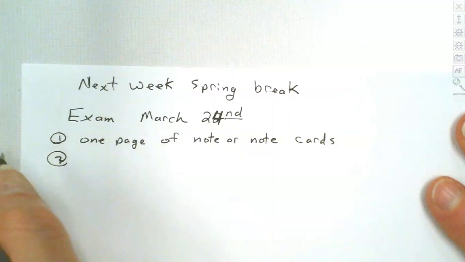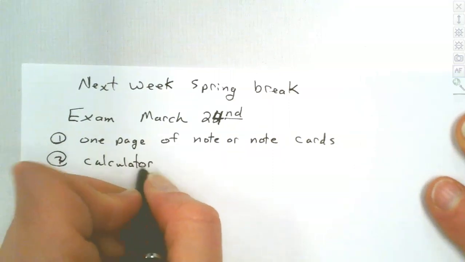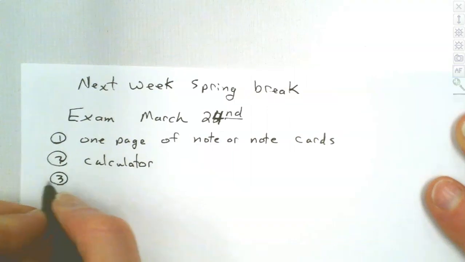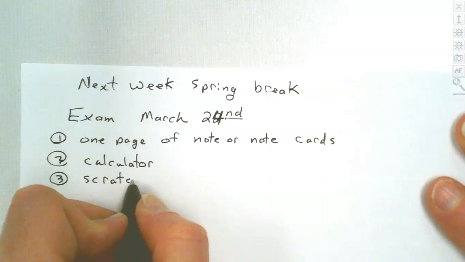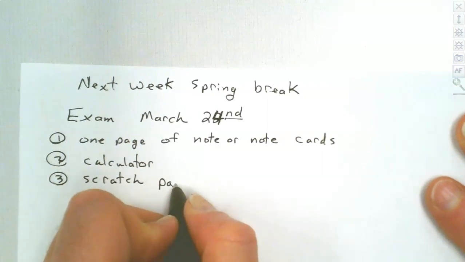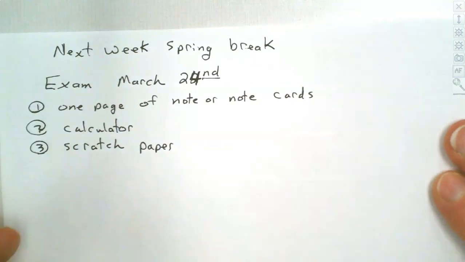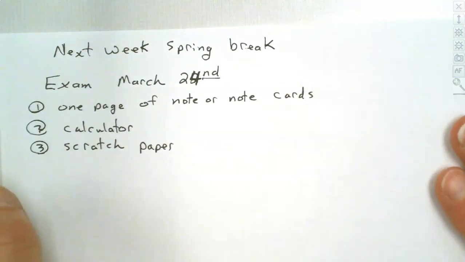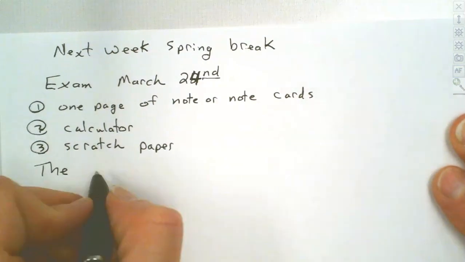You can have a calculator. And you can also have some scratch paper. Your exam will have 22 questions, and you're going to be able to skip 2. Just like the last one.